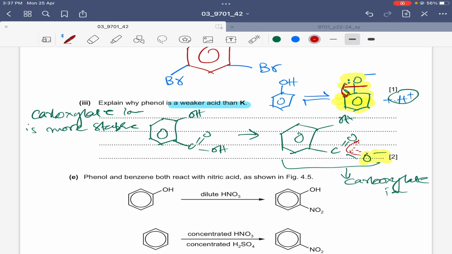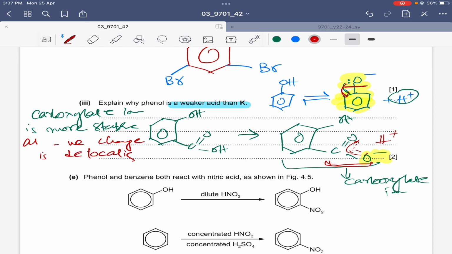So that means most of the negative charge is on the oxygen. Compared to that, carboxylate has even electron distribution between both the oxygen atoms. So that's why it has a lesser chance of accepting a proton, and that is why it is more acidic as compared to phenol.